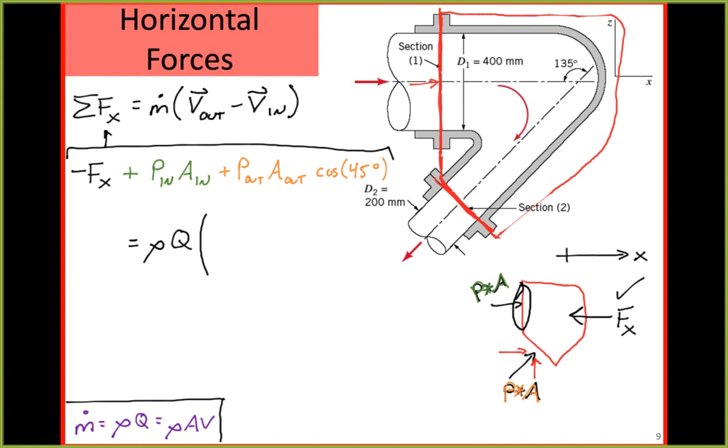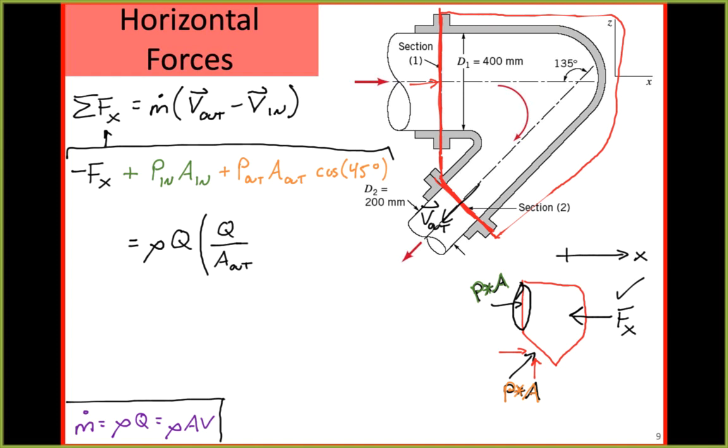Okay, so let's take our velocity out term. So V out needs a magnitude and it needs a direction. Its magnitude is Q over A out, and I'm getting that because we have Q equals area times velocity.